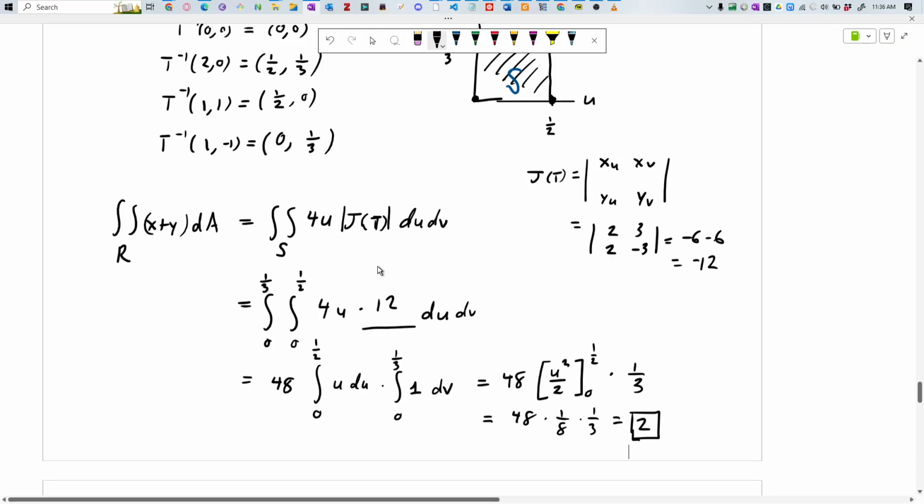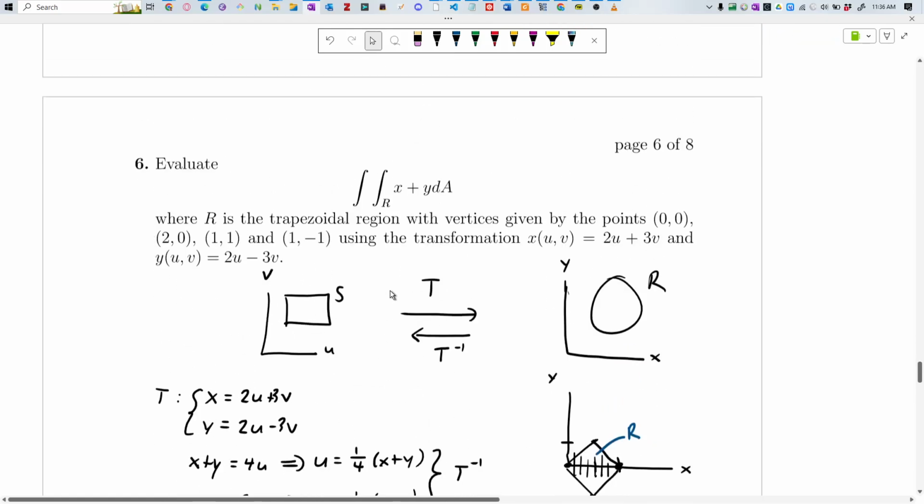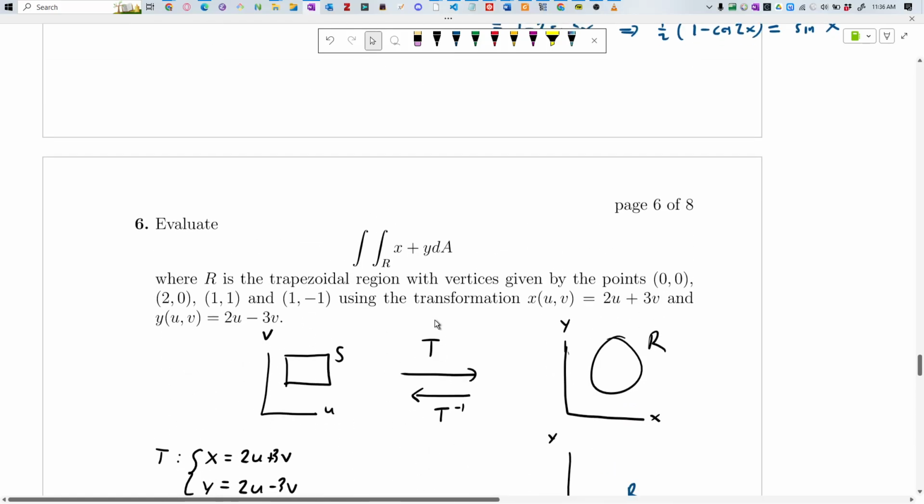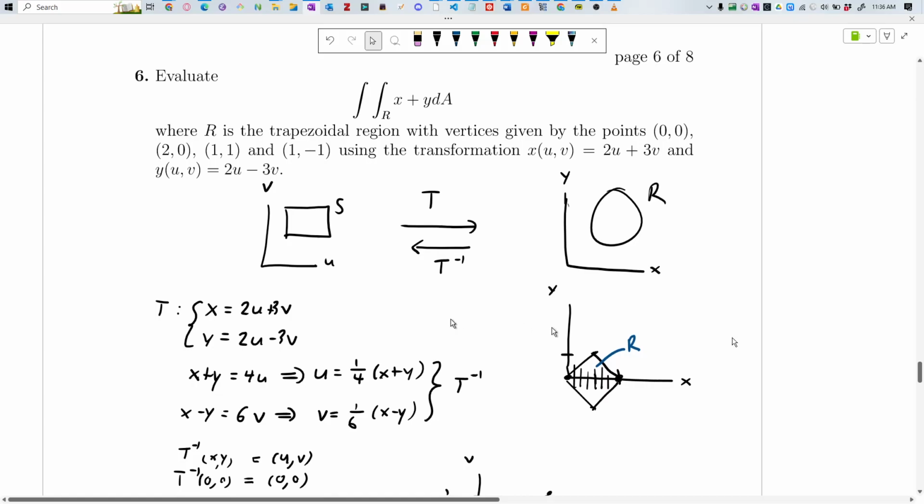Okay, trying to think about whether I could have possibly made a mistake anywhere. I would think not, but I'm not 100% certain. Let me just see things. Parameterize.